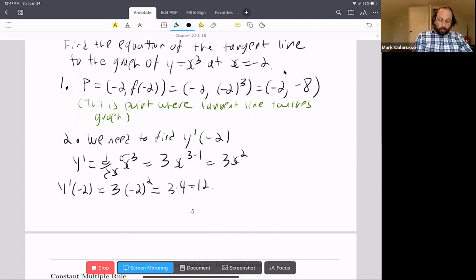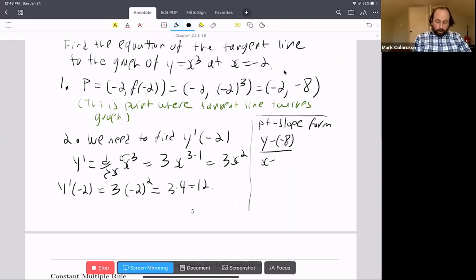And lastly, I'll just do it over here. I'm kind of running out of room, but this last part's very easy. So the point slope form: y minus -8 all over x minus -2 is equal to 12. And so you get y plus 8 equals 12 times x plus 2.